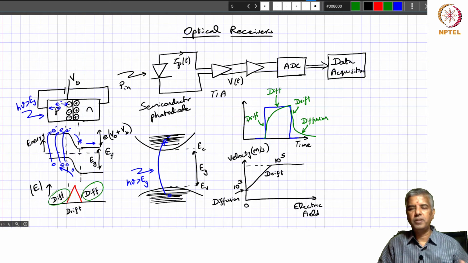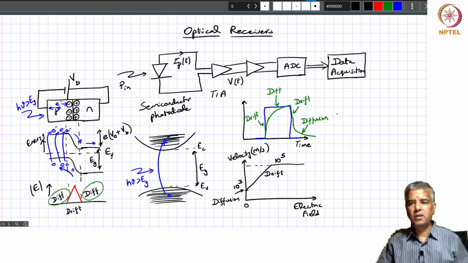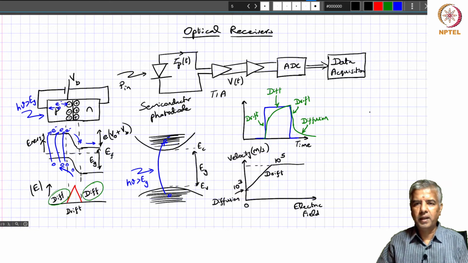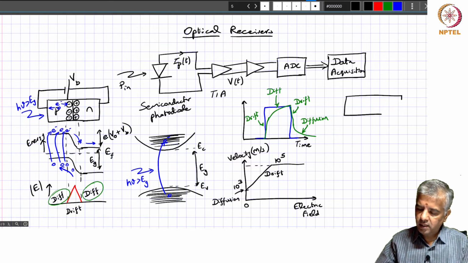How do you modify the structure to achieve a faster response? You can actually insert an intrinsic layer between the P and N regions. So you can essentially make what is called a PIN structure.